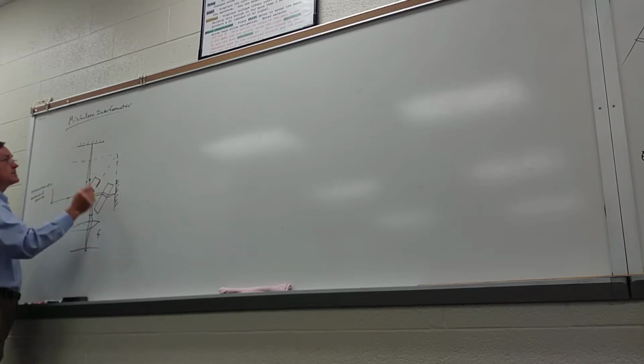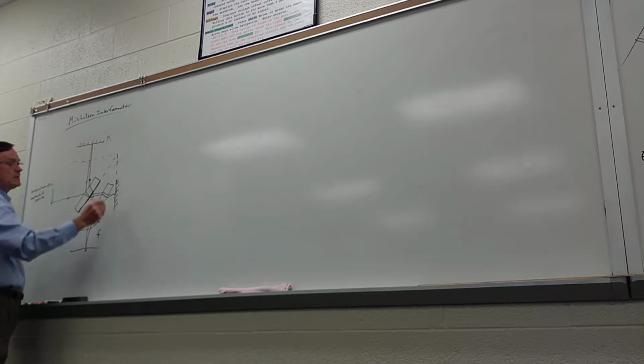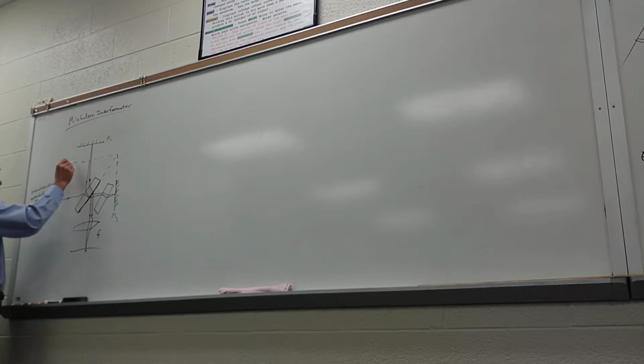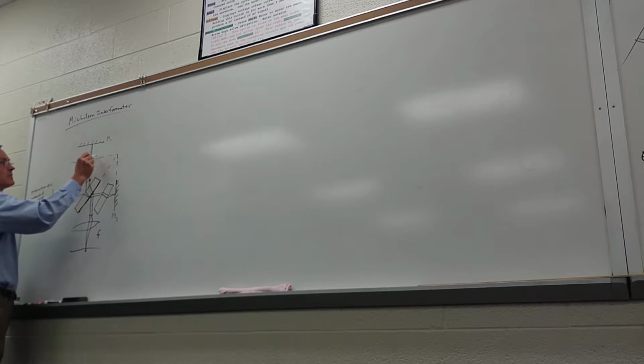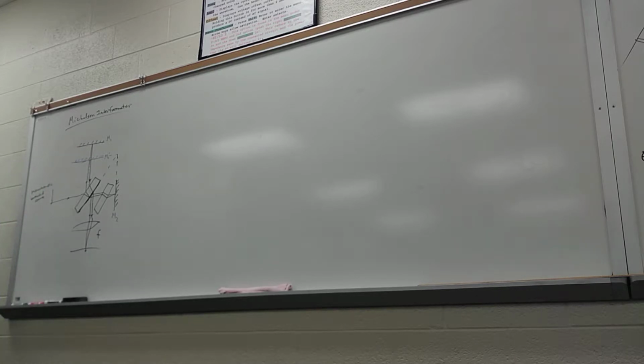Where this surface, let's call this mirror 1 and mirror 2. This mirror 2 has a virtual image M2 prime back here. So it's like this ray got reflected off of a virtual mirror back here. We can think about it in that way.